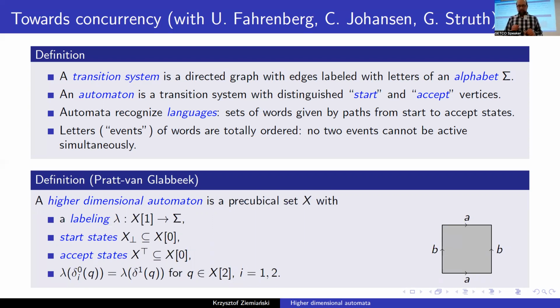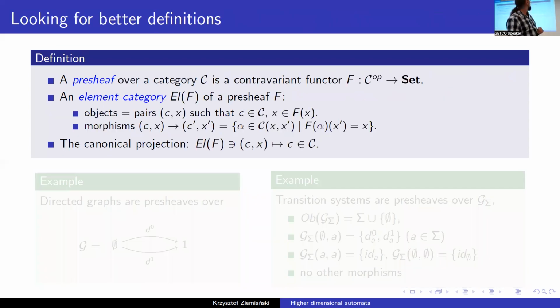Let me recall, a precubical set is also a sequence of sets, and apart from that there are some maps between these things. Well, after all, this definition became too complicated to handle, and we want to find a better one. So I will spend some time reformulating definitions, and after making a lot of reformulations, I will give you some definition which I'm happy with.